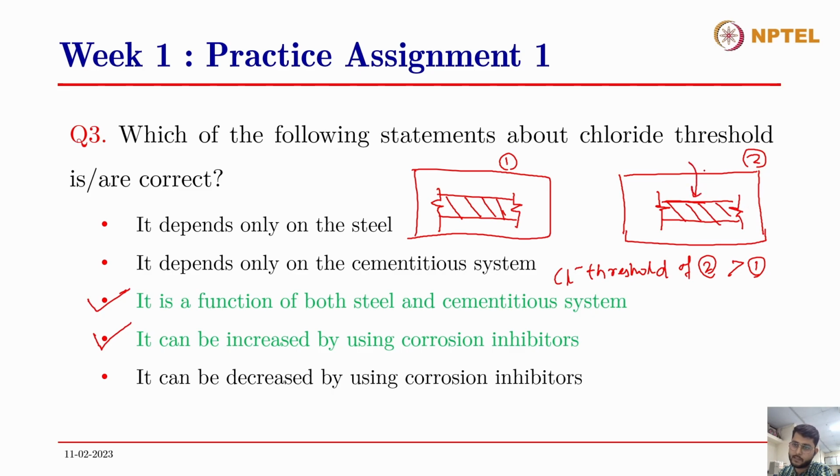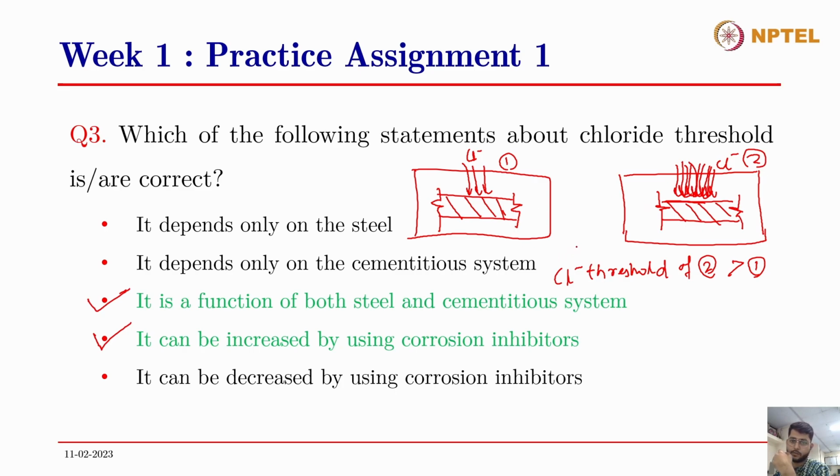So if this is the Cl minus, a higher amount of Cl minus can get inside and accumulate before it breaks the passivating film in system 2, as compared to system 1, where a smaller amount of chlorides can be sufficient to break the passivating film of the rebar.